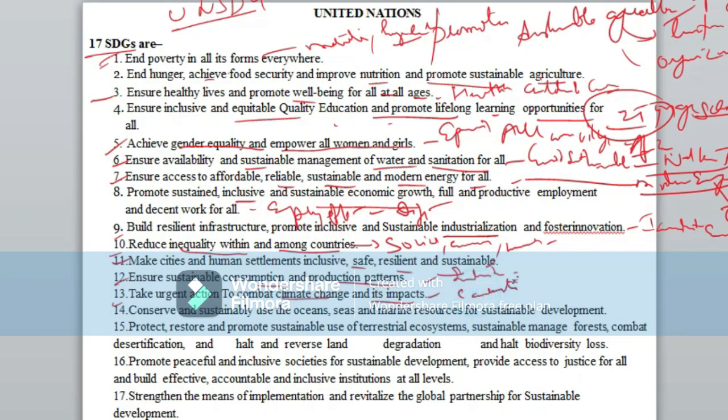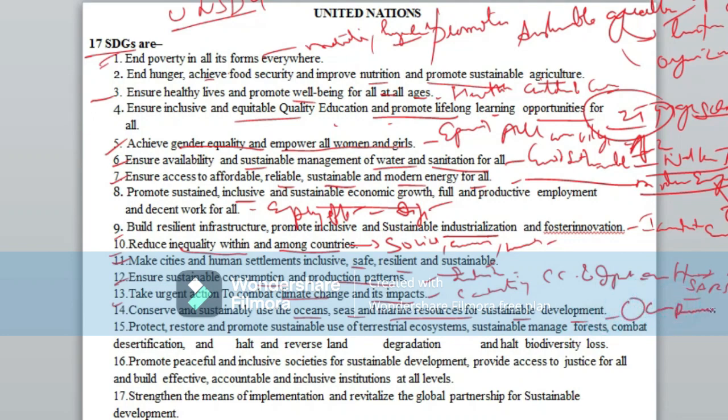Combating climate change and its impact on humans, that is diseases and severe acute respiratory syndromes due to climate change and pollution. 14th aims for sustainable use of oceans, seas, and marine resources for sustainable development.